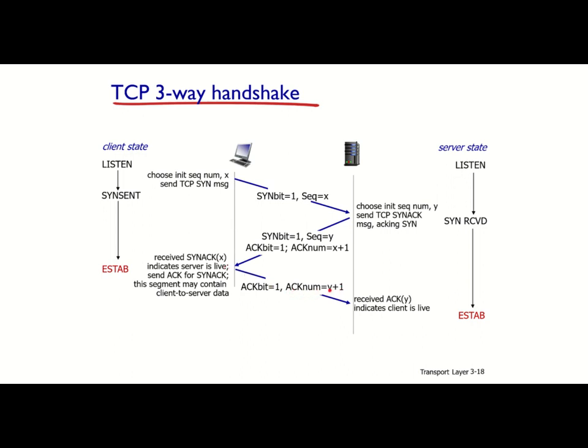What was Y? Y was the initial sequence number of the server, so it sends the acknowledgement of Y plus 1, which means it expects Y plus 1 from the server. So when the server receives the acknowledgement of Y plus 1, it finds out that the client is alive, and it also goes to the established state.